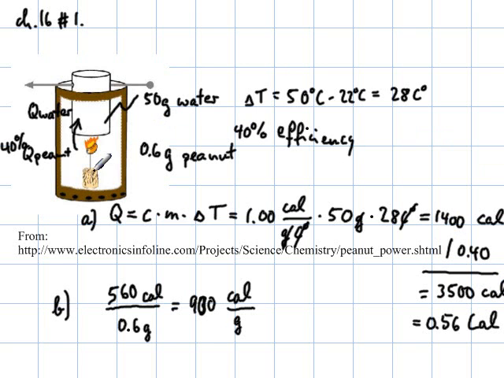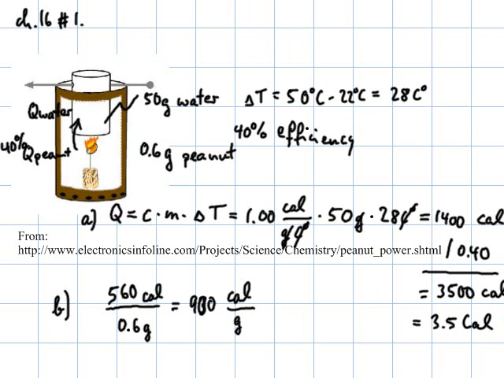Again, that is the amount of heat that the peanut gives off, 3,500 calories, 40% of which is what the water receives, and that is the 1,400 calories that I calculated earlier. Written in food calories that is therefore 3.5 calories with a capital C.